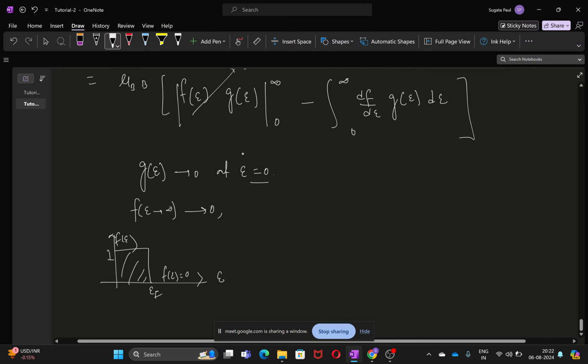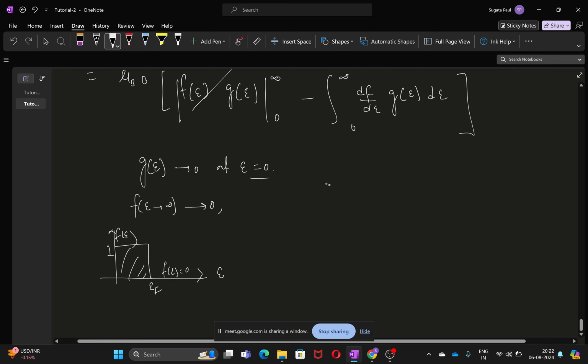So you are only left with the second term. Now the second term also needs some simplification. First, you know that if this is the f(E) form, it is like a step function at EF. The derivative of a step function is a Dirac delta function.